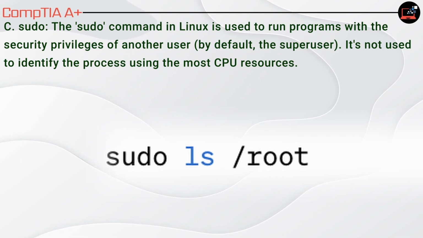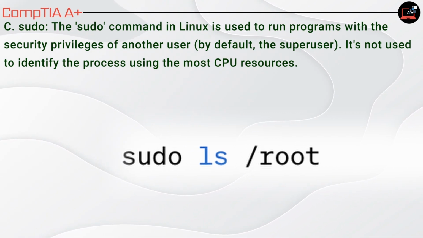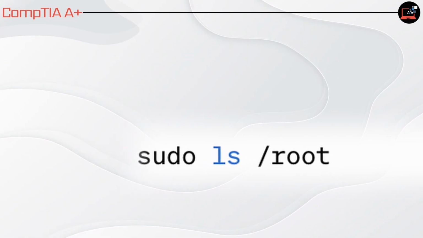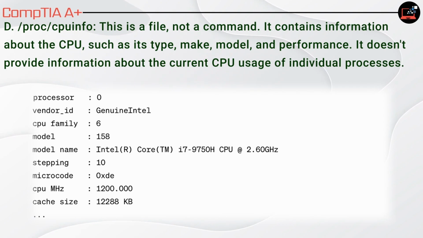It's not used to identify the process using the most CPU resources. D, /proc/cpuinfo. This is a file, not a command. It contains information about the CPU, such as its type, make, model, and performance. It doesn't provide information about the current CPU usage of individual processes.